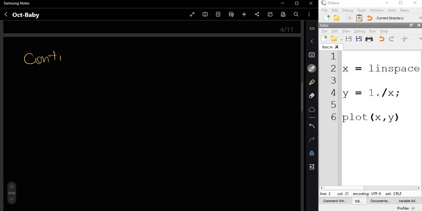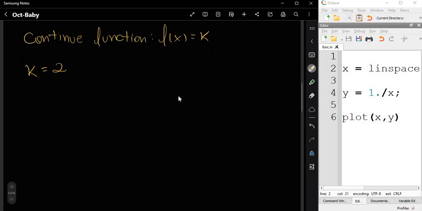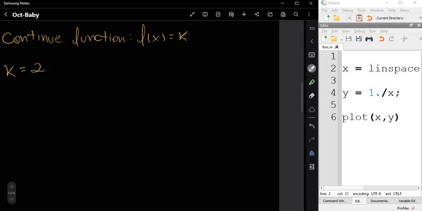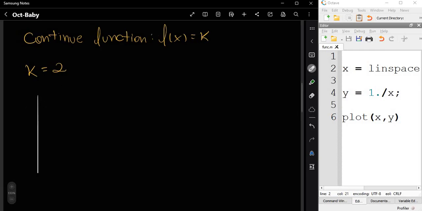So let's see this example. f of x equals k, and let's assume k as 2, and for any value that we pass for x, the function will always be 2, because it is constant.